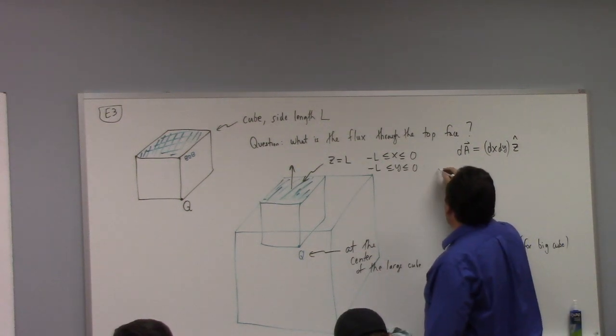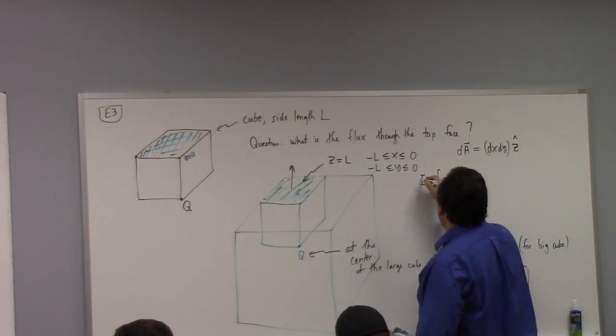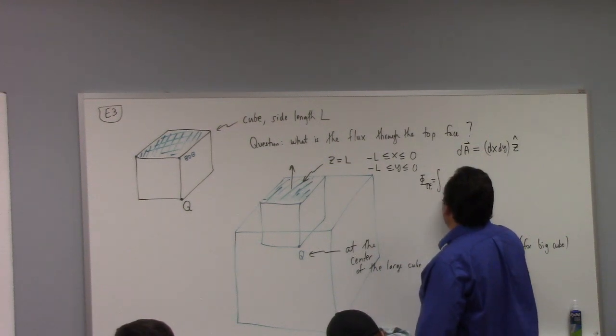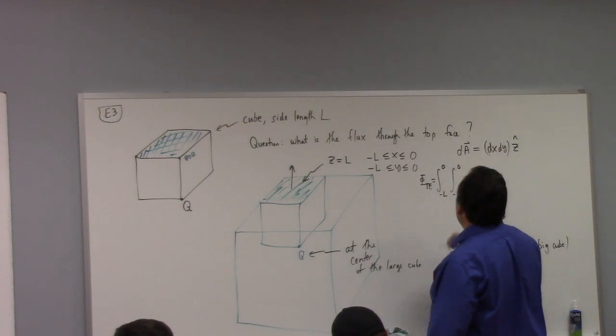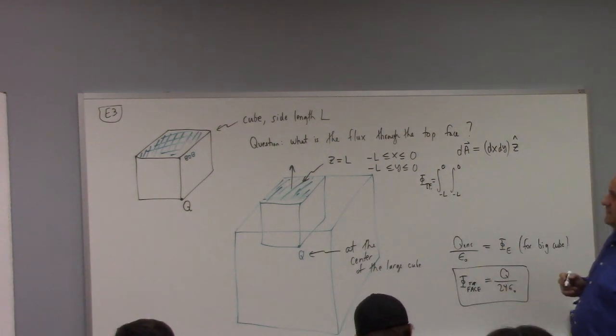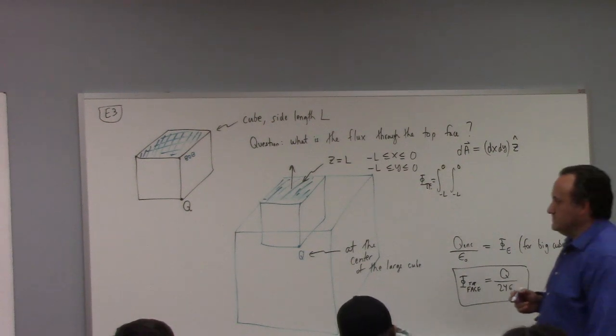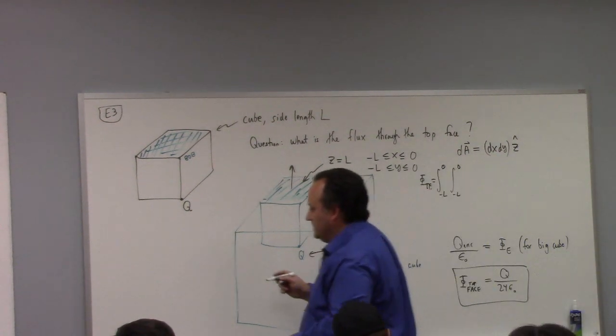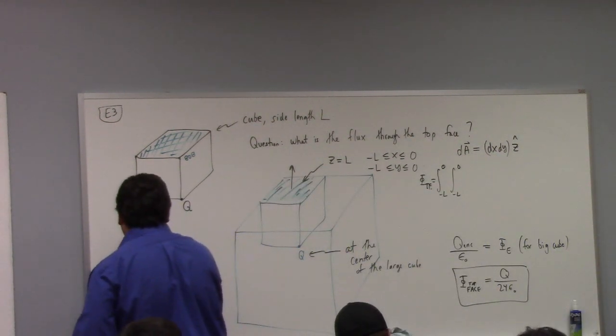If I calculate the flux directly, it's the integral over the top face. I have to integrate from minus L to 0, and integrate from minus L to 0. What's the electric field there? The electric field due to a point charge, the Coulomb field, we know that.